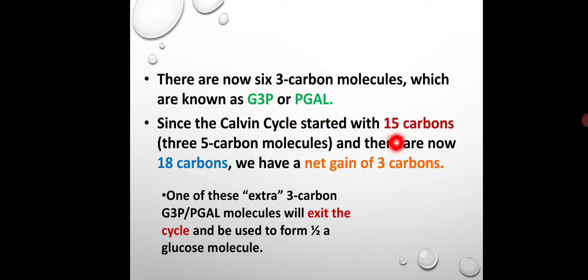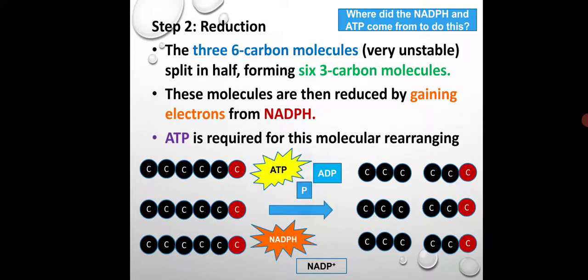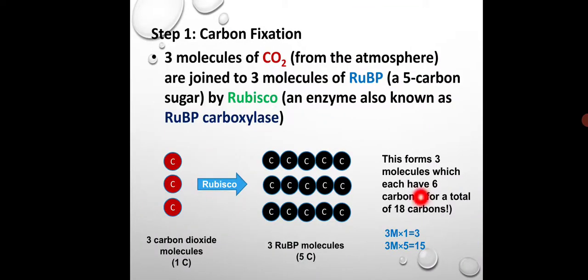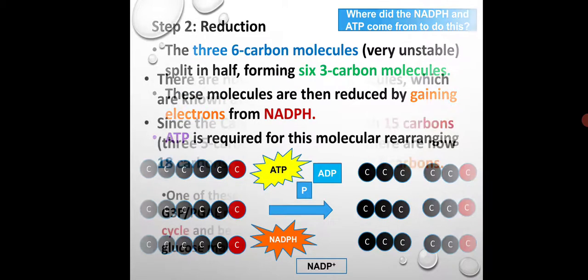Since the Calvin cycle started with the 15 carbon, and there are now 18 carbons. Total हमें 18 carbons मिले थे. If you remember this step, okay, we have total 18 carbon. यहाँ पर 15 plus 3 हमारे पास 18 carbon थे.